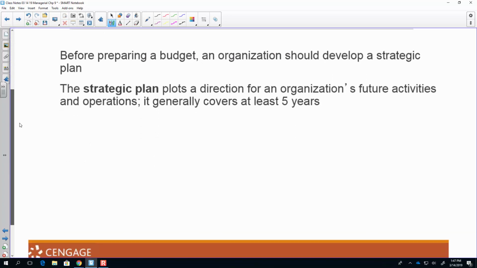Now, the budget basically is a communication. Determined by the company strategy.